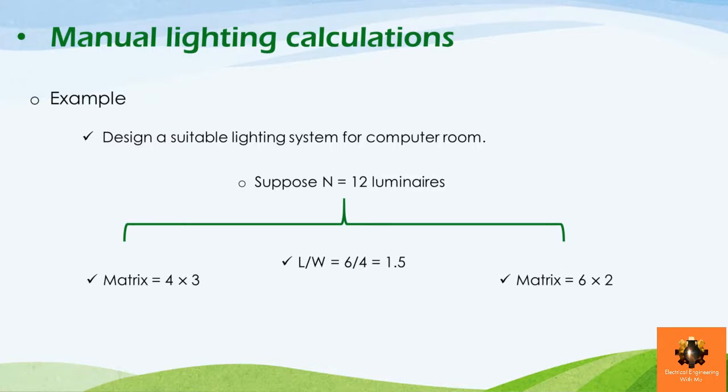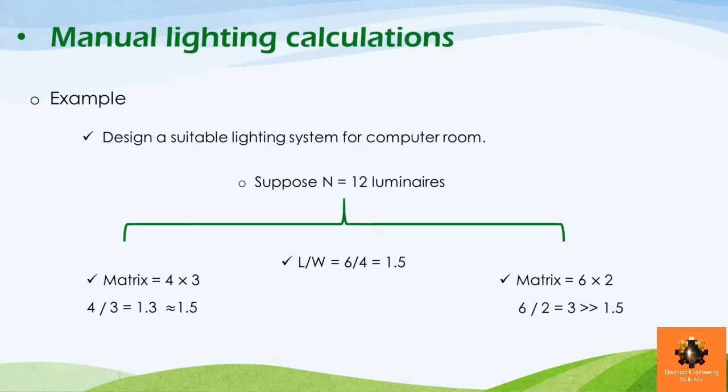Now we will get the ratio between the number of columns to the number of rows at each case, or at each method of distribution. In the first case we will find that we have 4 over 3, which gives us 1.3. And for the second case we will find that we have 6 over 2, which is 3.